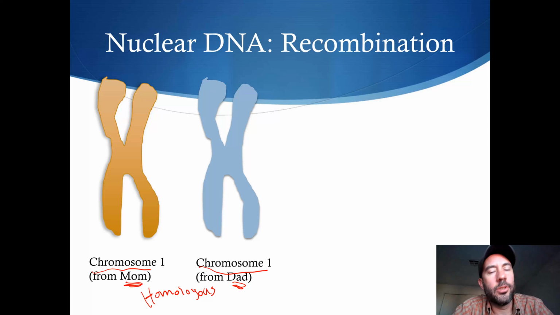They both carry instructions for the same areas of the house, although dad may have a slightly different design than mom. Now, recombination, when these two come together, so let's say you are a female and you are making an egg.